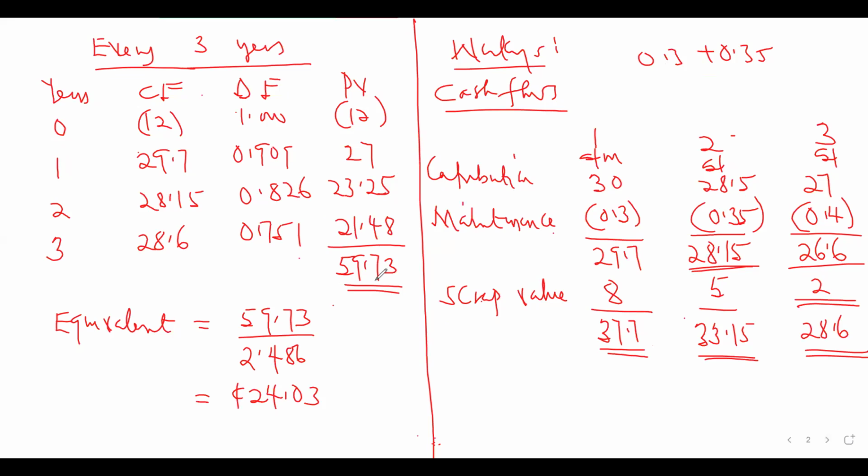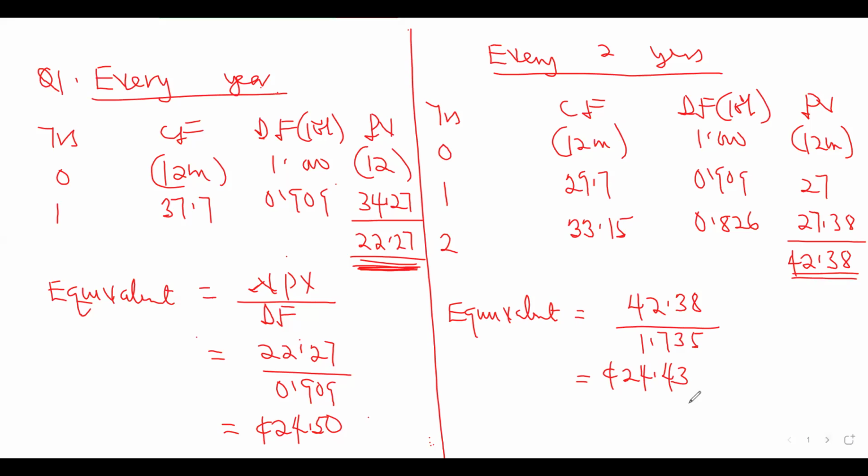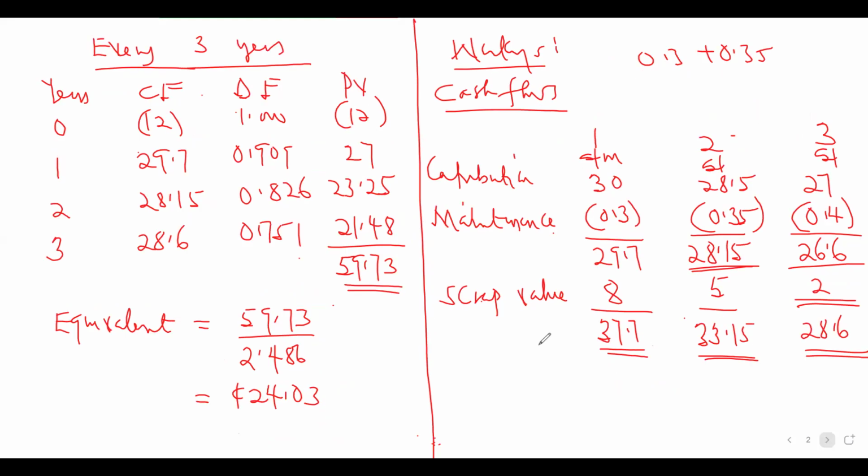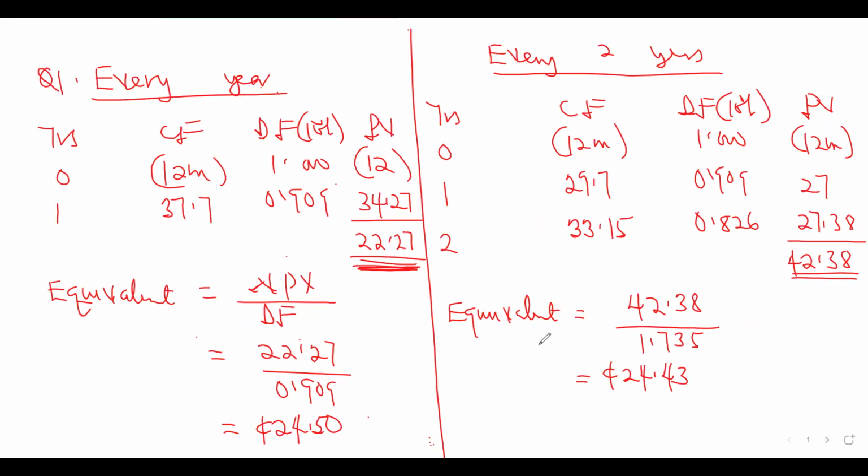The ones that we have solved before were costs, so we had net cost, and if it is a cost, you recommend the lowest option. But these are inflows. So which of the options are you going to recommend? They get the highest inflow every 3 years.